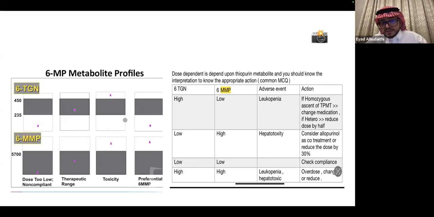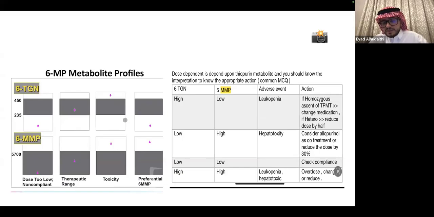The second concept, if you have low 6-TGN and high 6-MMP, there is a risk of hepatotoxicity. This is the time when we consider allopurinol and reduce the dose by 30%. If both levels are low, then check compliance.